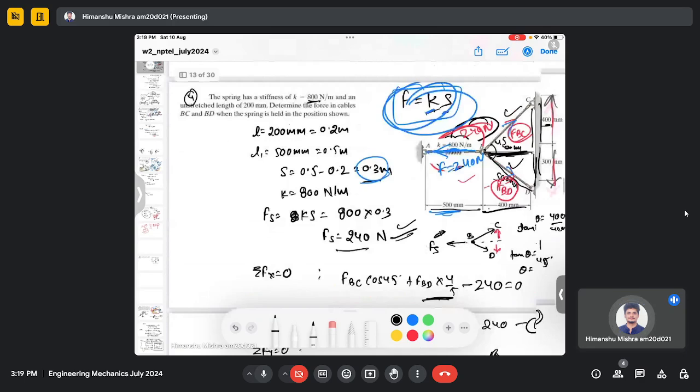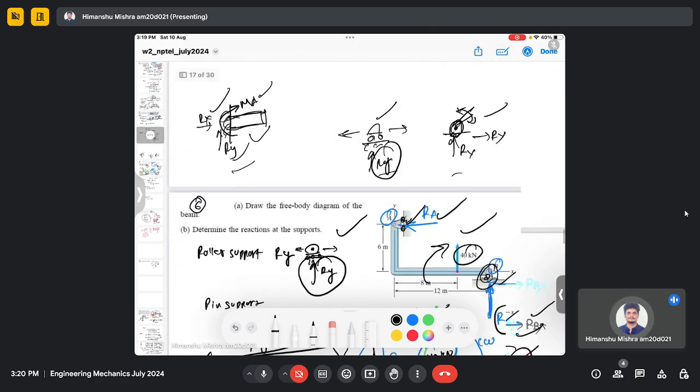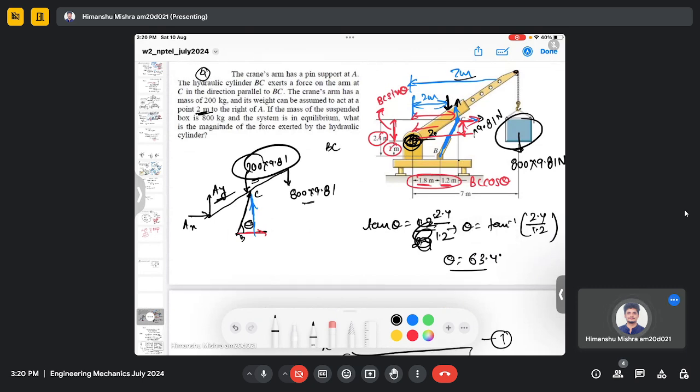And to write down the moment equation, when you write the summation of moments equal to 0, you need to choose the point such that you will simplify the expression. For example, in this problem we chose the moment from point A. We could have chosen point C or the last point here. So it is very random.